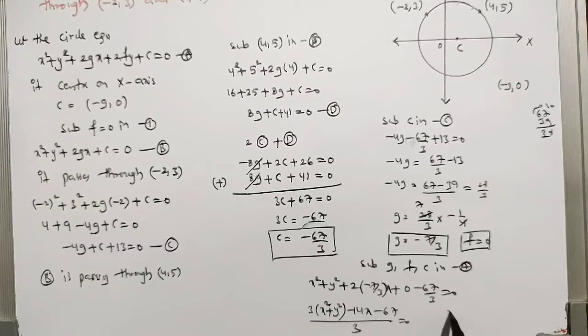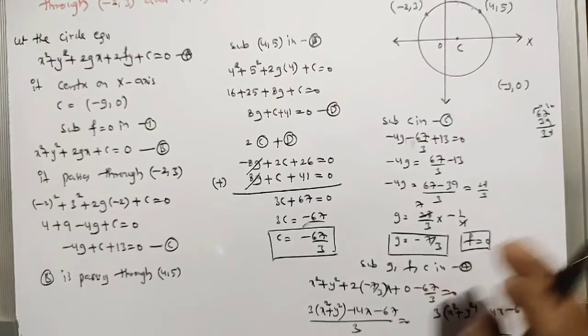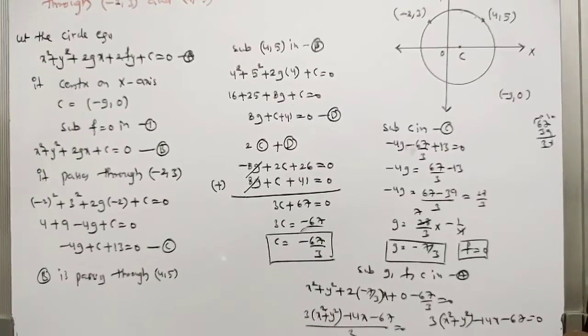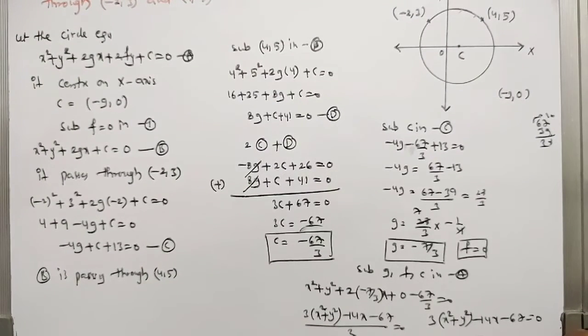Therefore the final answer is 3 into x squared plus y squared, minus 14x, minus 67 is equal to 0. So this is the required answer for the circle which has its center on the x-axis and passes through the points minus 2 comma 3 and 4 comma 5. So this is the method of finding the answer for the given conditions.